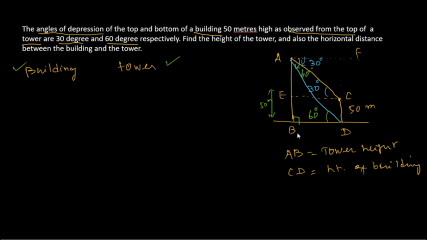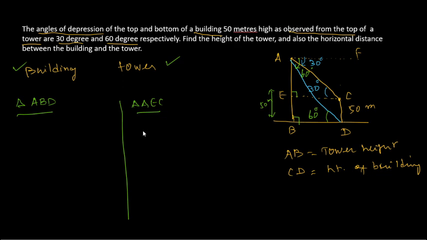So let me consider triangle ABD. And what is the other triangle? The other triangle is, this is also 90 degree, so triangle AEC. Why have I chosen these two triangles? Because we have the relevant angles here. So these depression angles are converted into elevation angles by using the alternate interior angles. So ECA is 30 degree.